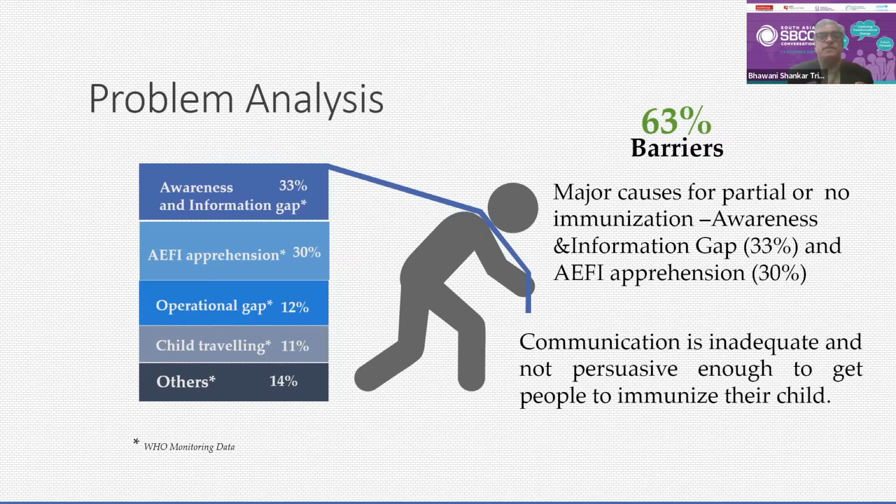Together, almost equally, they form 63% of the barriers that lead to low demand and low vaccine confidence. Now, communication happens to be inadequate. That is what has been found. And it's not persuasive enough. The kind of messaging that parents are hearing, or their concerns, are probably not getting answered. So it's not persuasive enough to get people to bring their children for immunization.